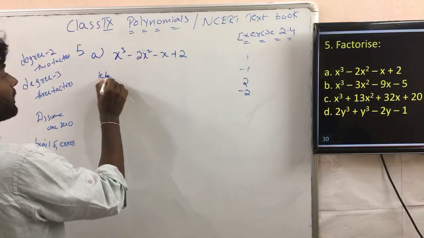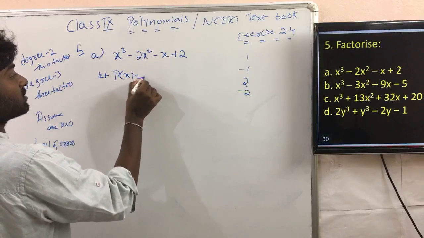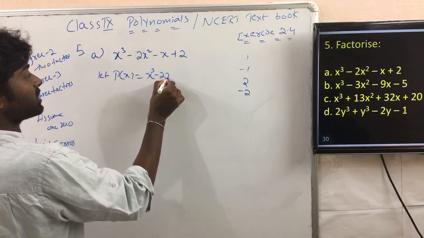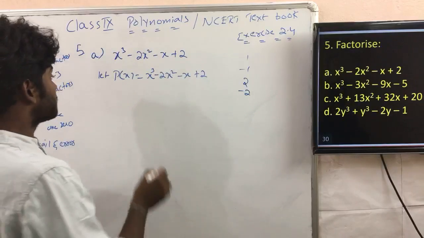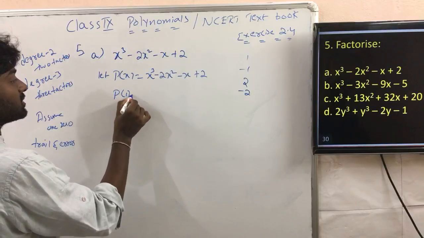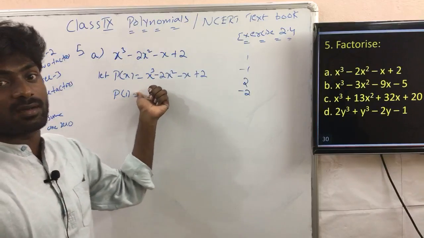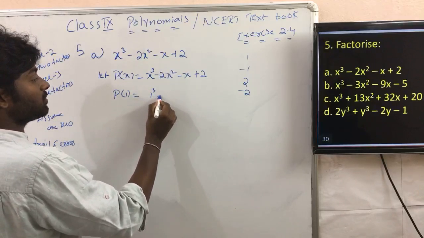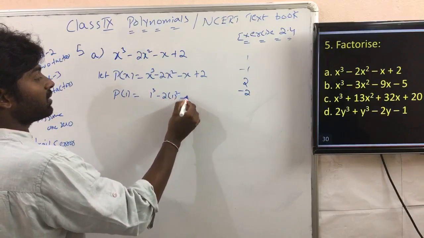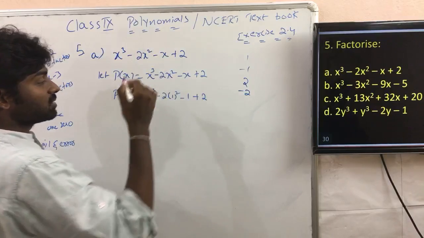So let P of x equal x cube minus 2x square minus x plus 2. Now P of 1 must be equal to, that means in the place of x I am using 1. So we will get 1 cube minus 2 into 1 square minus 1 plus 2.